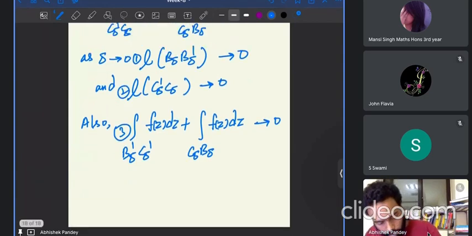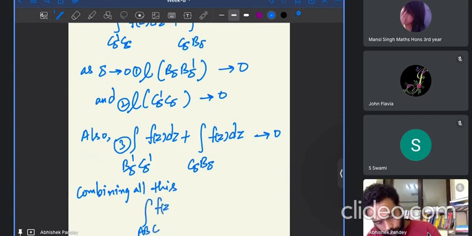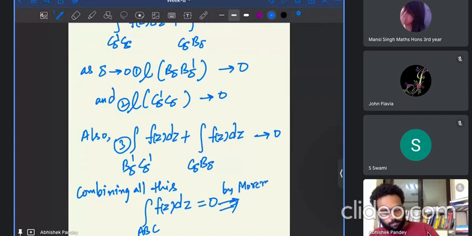Now combining all this, the integral over ABC of F(z) dz is equal to 0. So this implies by Morera's theorem that F is holomorphic.